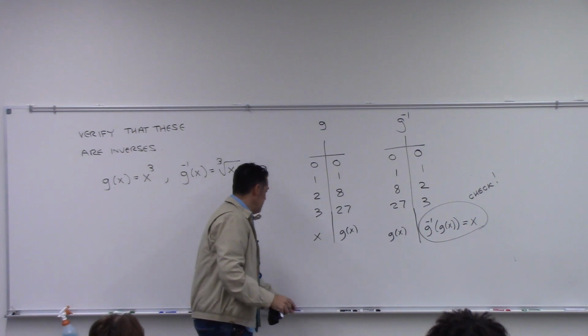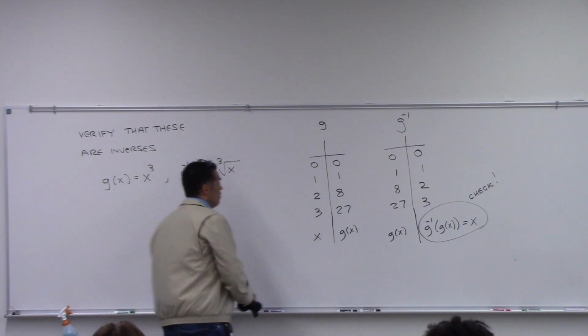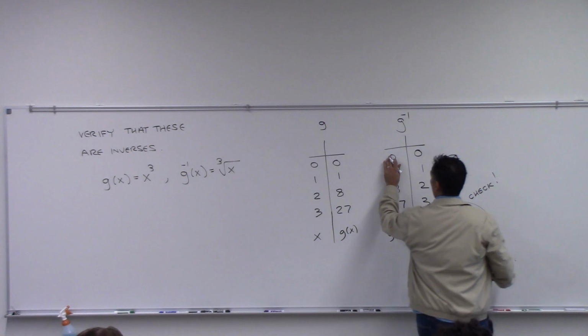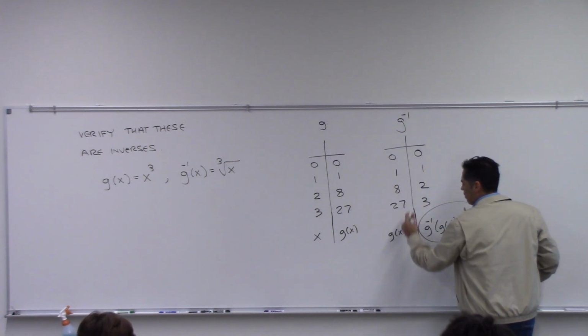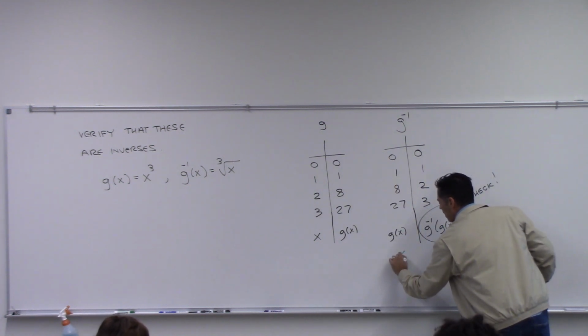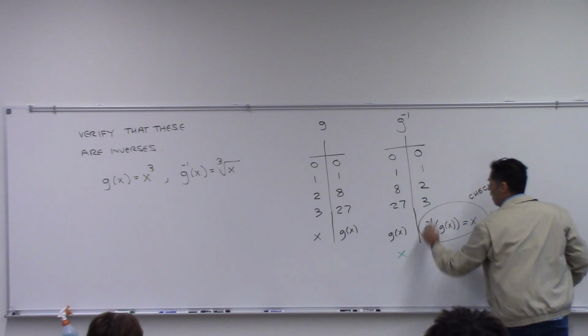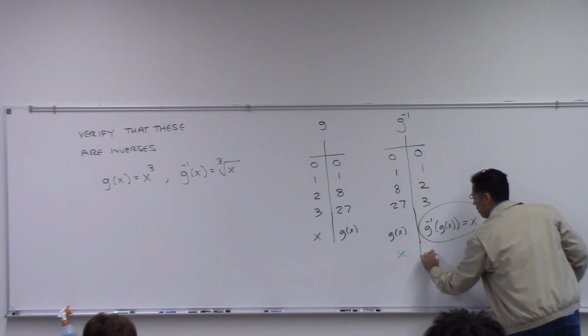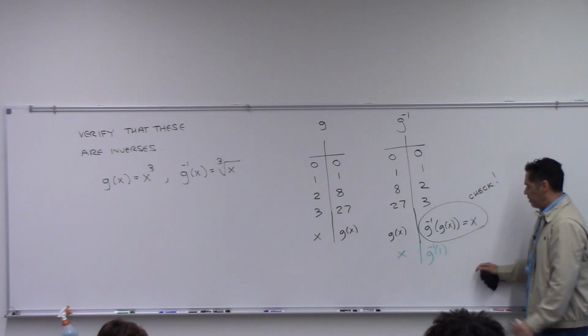In other words, if we were to start with an x here, let me do it, I'm trying to squeeze it in here. If we were to start with an x here, it would go into this function and become what? G inverse of x, right?